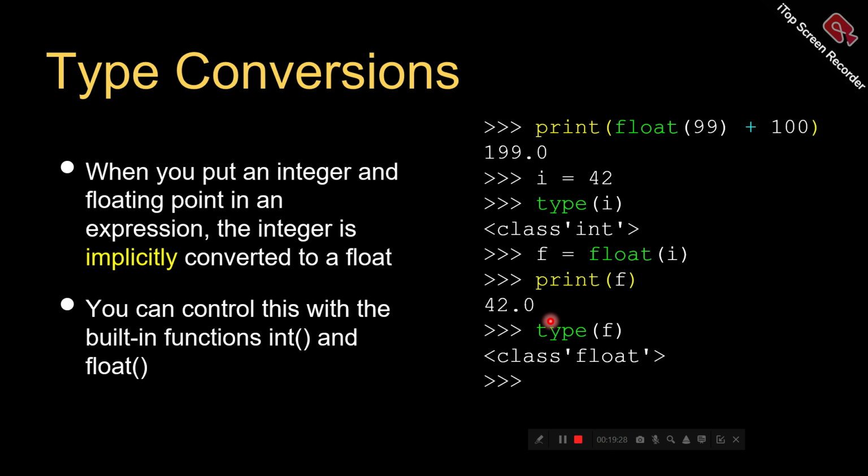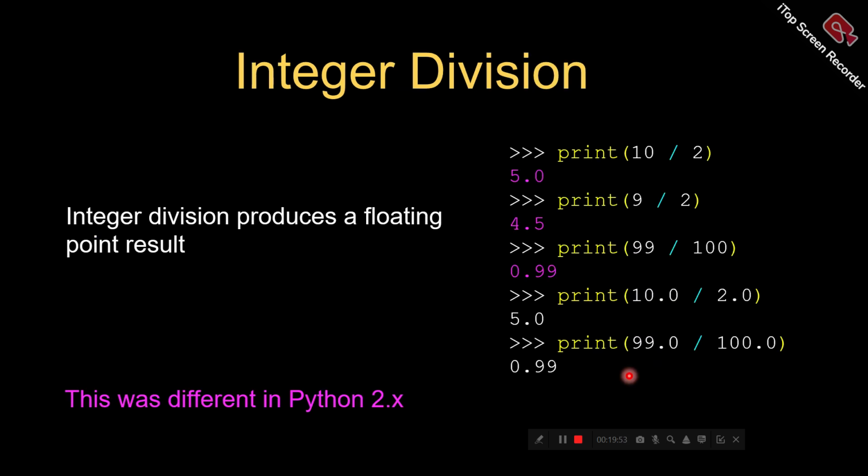Whenever we convert an integer into a float value, it gives only one decimal place. In other programming languages or different versions, it sometimes gives four decimal values as well. But in Python 3.x, it will give a single decimal value. Now the type of f will be float.